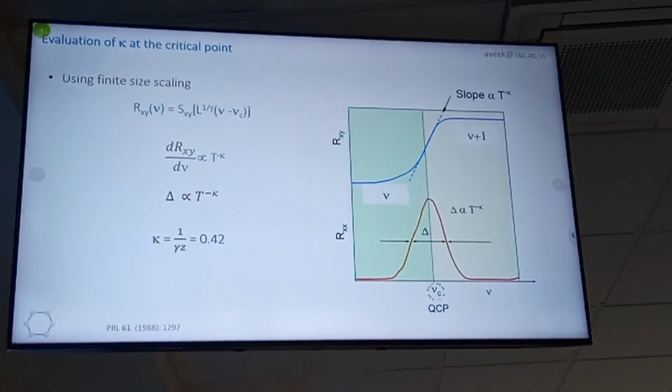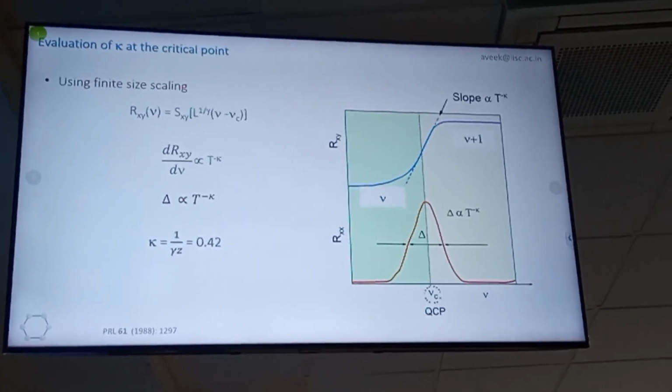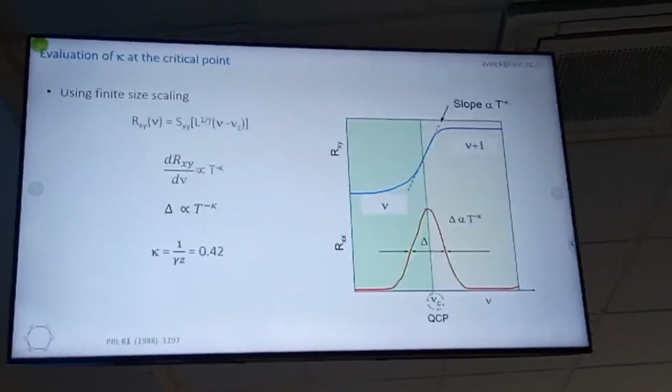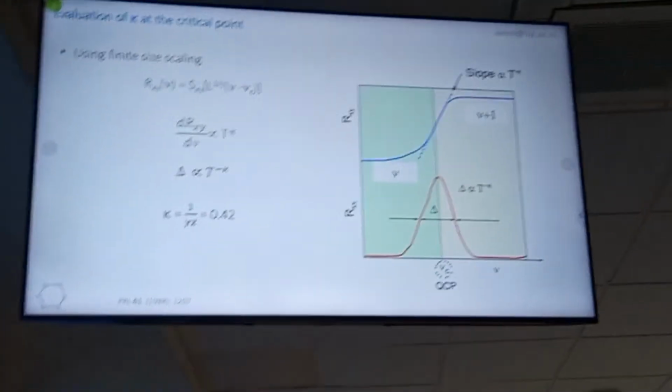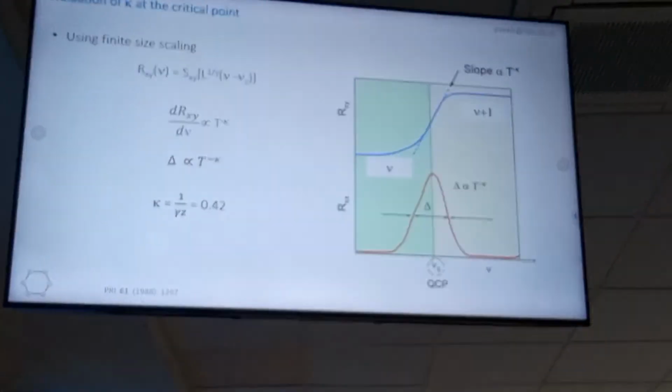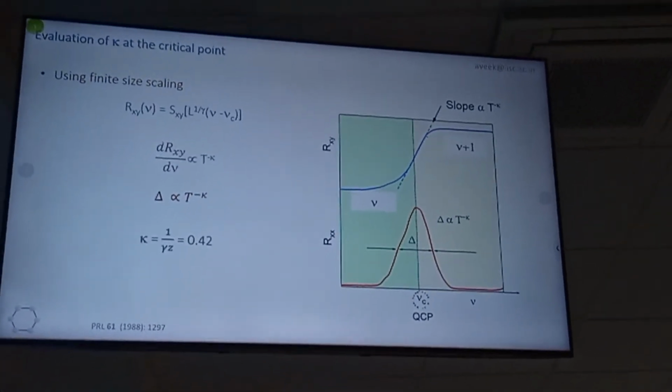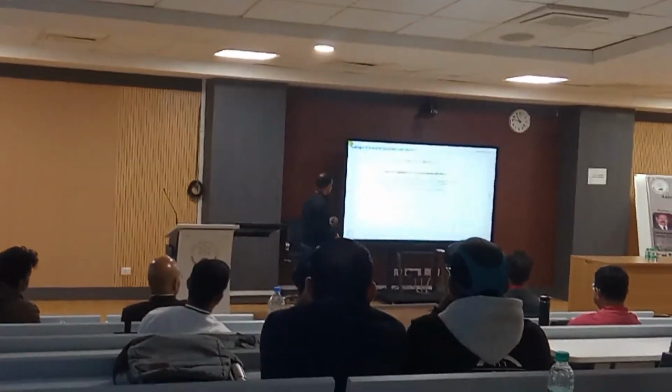Or you can take your Rxx and measure its full width at half maximum, and that also goes as T to the power minus kappa. So there are two ways of getting kappa. Kappa is 1 by gamma times z, and its theoretical value from numerics is 0.42. And that's what we set out to measure.